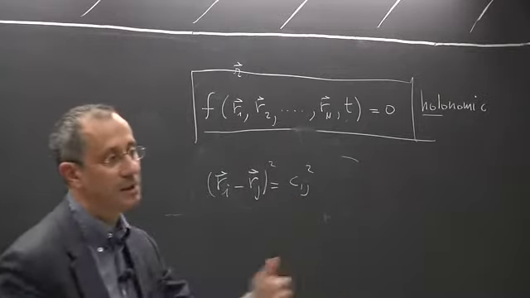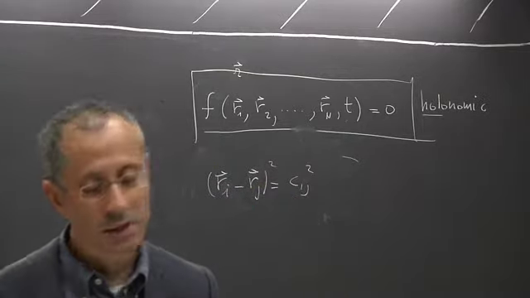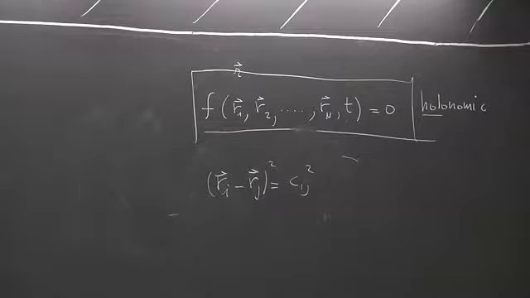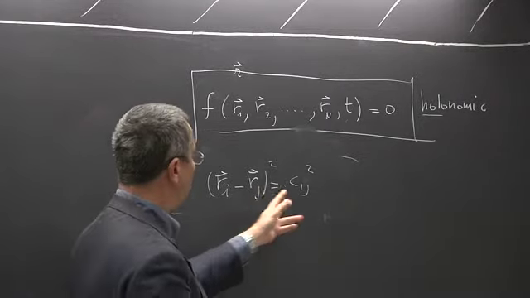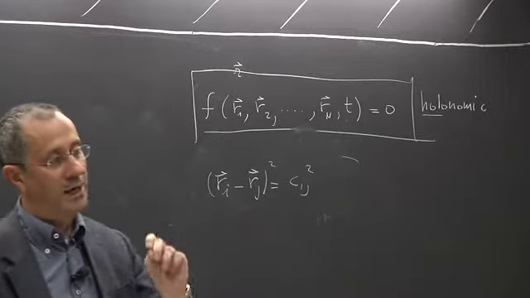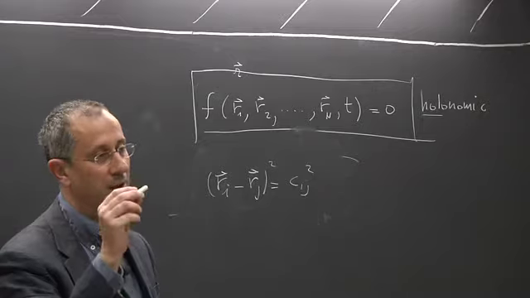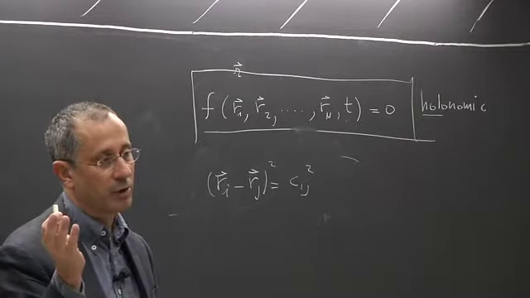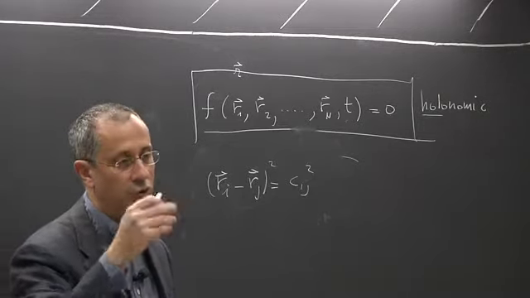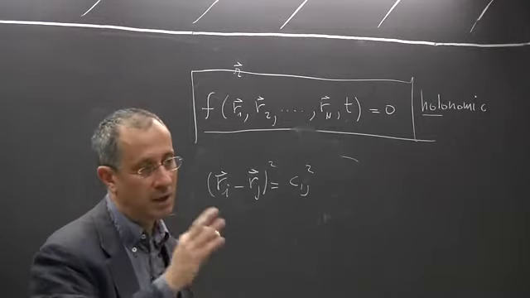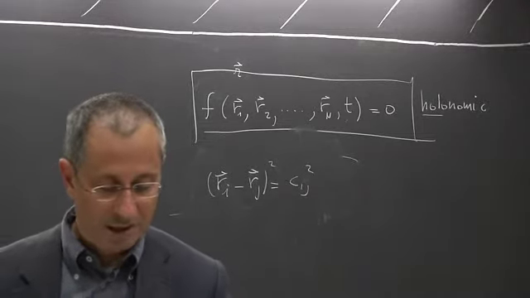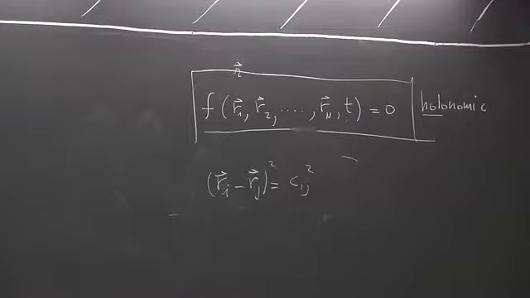So instead of having this Avogadro number, 10 to the 23 or whatever, you only have 6. And as I said, if you identify those 6 coordinates like I did before, center of mass plus rotational, then you can forget about the rigid body. Just write your equations for these 6 coordinates, and the constraint is taken care of automatically.